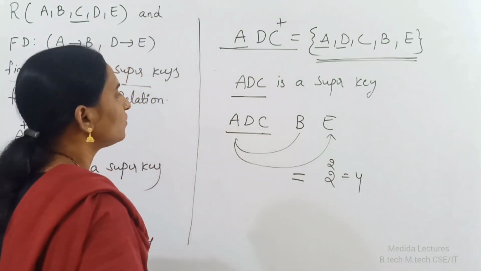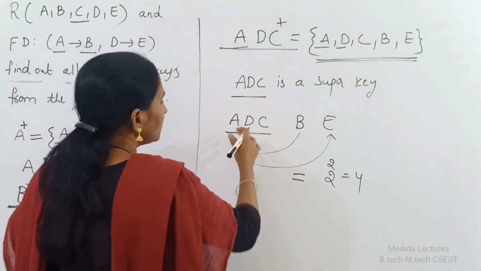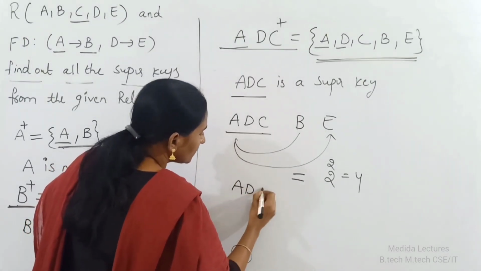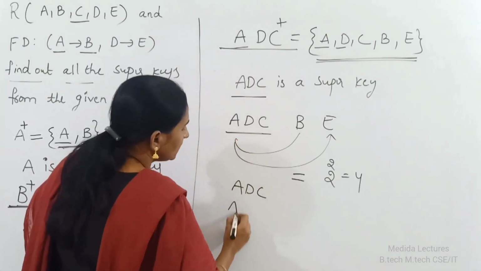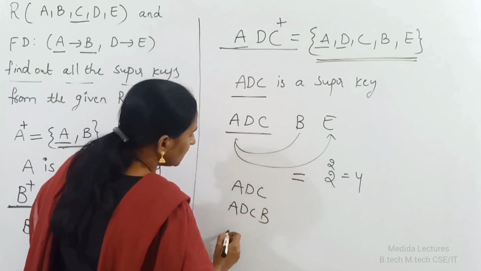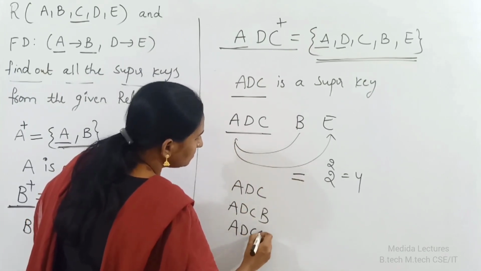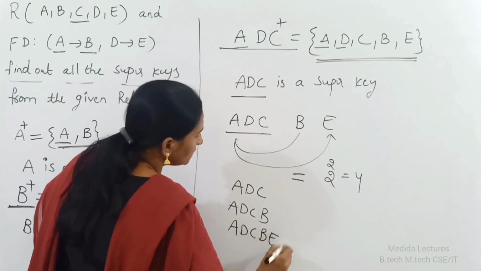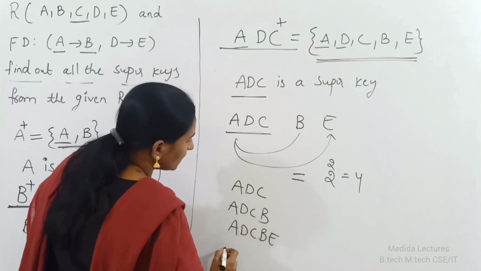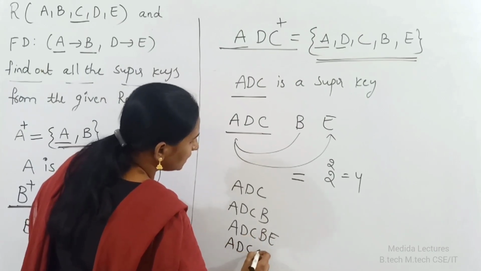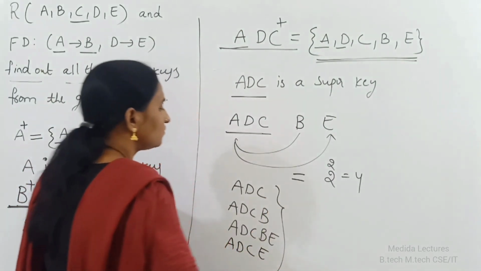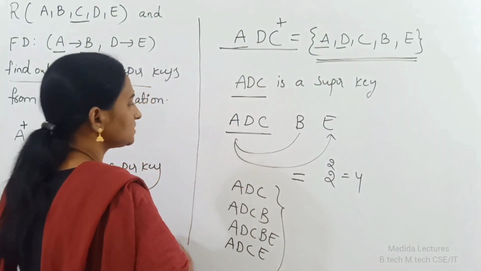So what are the combinations? First, ADC is a super key. ADCB is a super key. ADCBE is a super key. ADCE is a super key. So these are the 4 possible super keys for this problem.